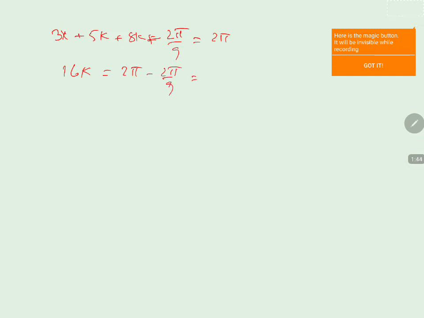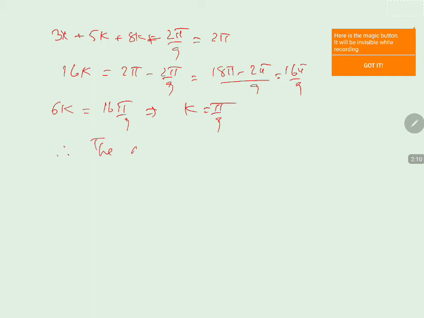When you take the LCM here, you get 18 pi minus 2 pi by 9, which is 16 pi by 9. So 16k is equal to 16 pi by 9, which implies k is equal to pi by 9.